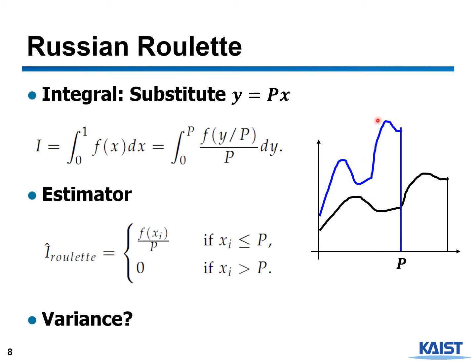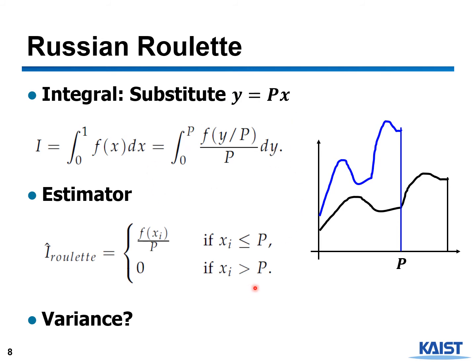We substitute y to be p multiplied by x, and then the function is reformulated like this, integrating from 0 to p. This is our Russian roulette estimator.